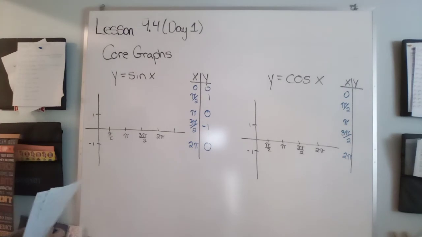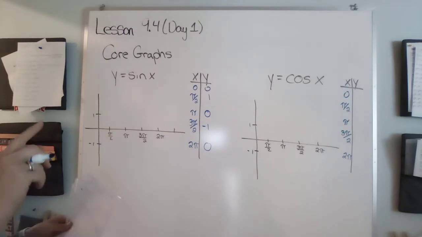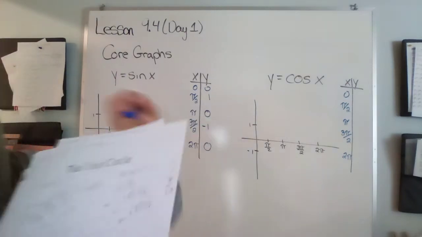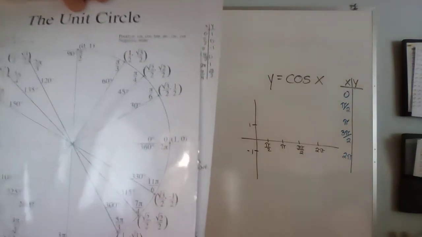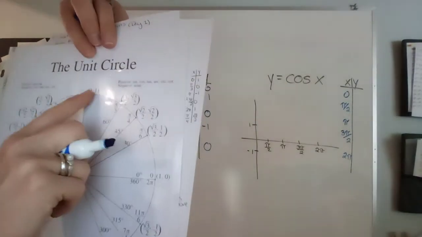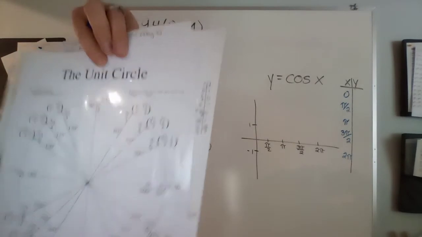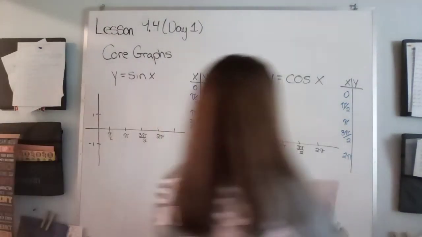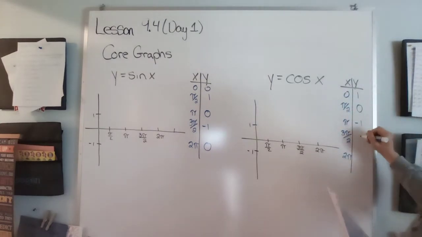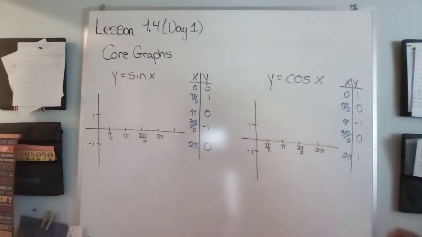For cosine, remember for cosine, it's x over r, so that's why I'm going to be using the x values this time. So for cosine, it's 1, 0, -1, 0, 1.